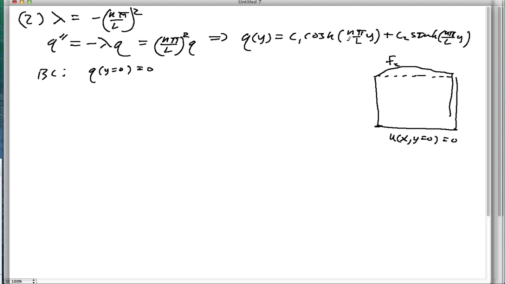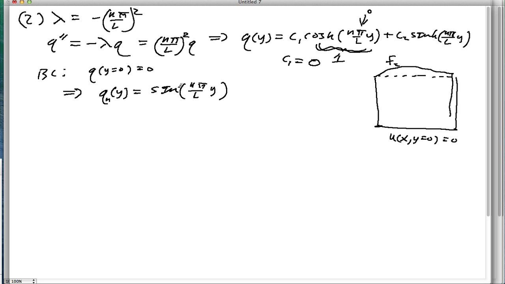And again, cosh, when we evaluate it at 0, is equal to 1. So again, that would imply C1 is equal to 0. So we're going to get solutions Q of y is equal to sinh, we'll call it Qn now, of n pi over L y. Sorry, that's sinh there, not sine.